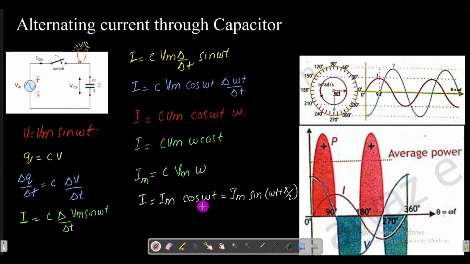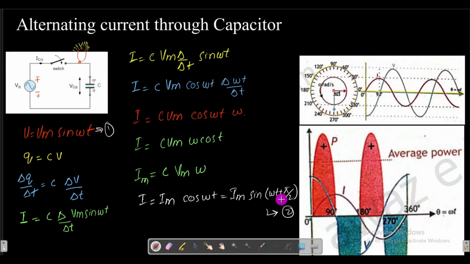Okay, so this is equation 2 and this is equation 1. From equation 1 and equation 2 we can conclude that this alternating voltage is a function of the sine, and this current is also a function of the sine. So for both we have the same graph.